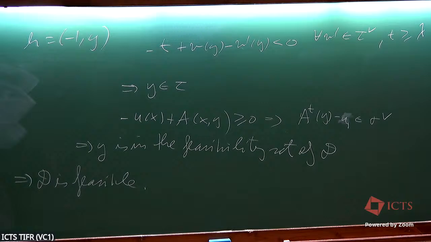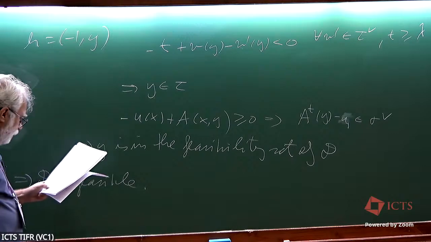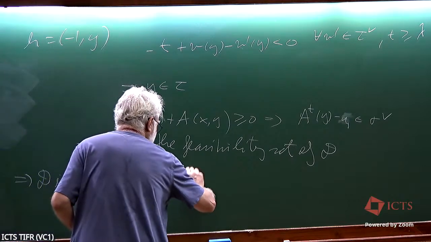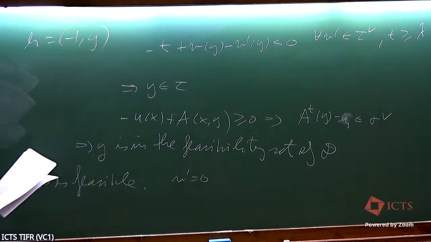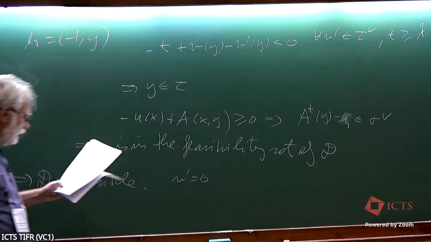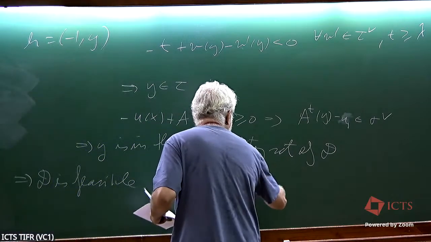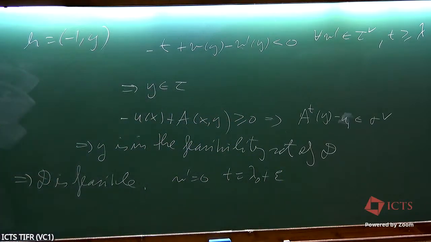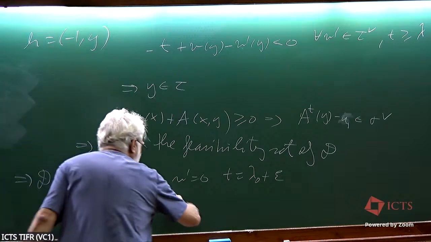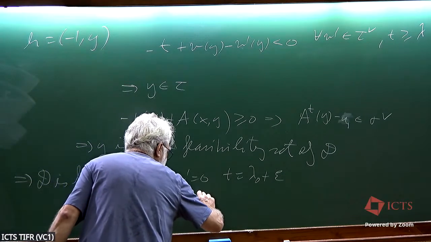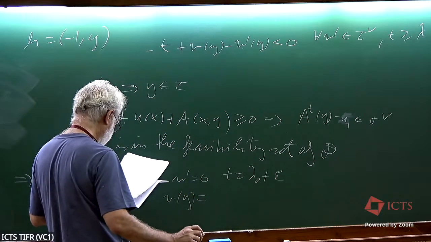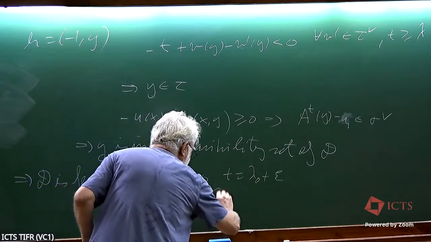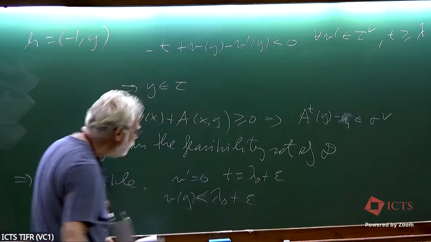But not only we get this, because if I now take B prime equal to 0 in the condition, and I take T to be equal to lambda 0 plus epsilon, and then I get the Y, and Y is feasible, we obtain that B of Y has to be smaller than lambda 0 plus epsilon.